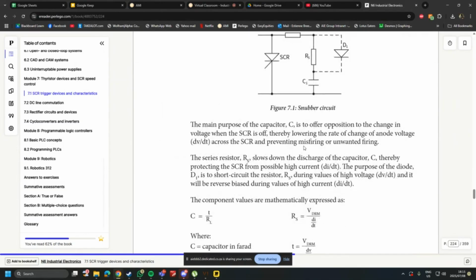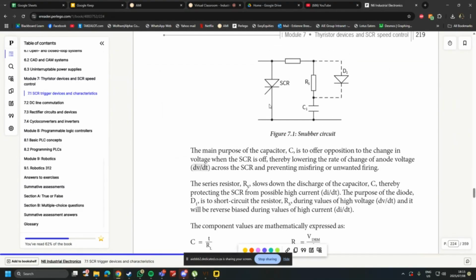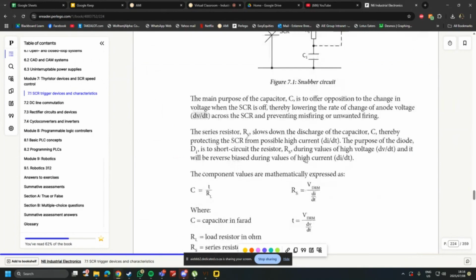Essentially what that does is limit the change in voltage across your SCR as well. You don't want that change in voltage to be too steep, because that can actually switch the SCR on. So in order to prevent misfiring or unwanted firing of our SCR, we use a snubber circuit.